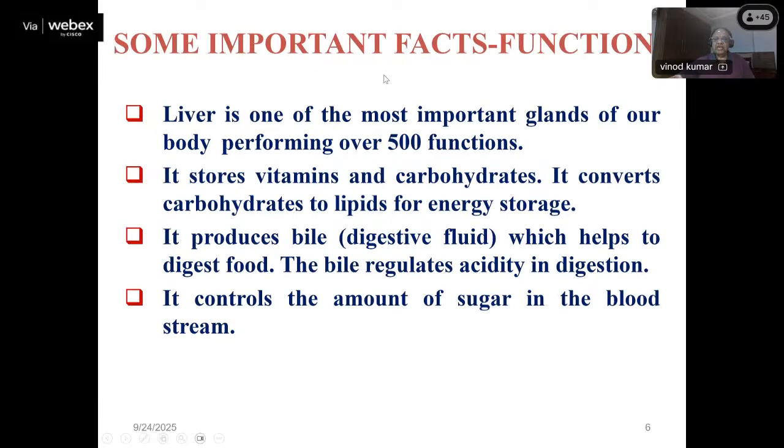So why have we selected liver? Mostly the data we took from PGI Chandigarh. When I interacted with the radiology department, we had two professors with whom we interacted. One has now retired. He was my professional colleague, Professor Khandelwal. He was the head of the radio diagnosis department in PGI.